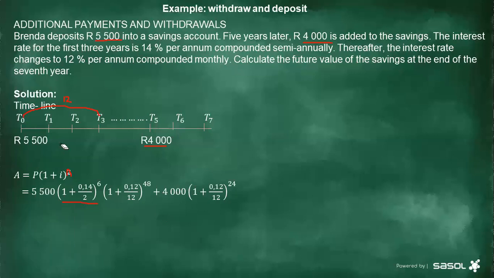It's not 12, but 14% for the first 3 years. Thereafter, the interest rate changes to 12%, meaning this 12% is for the remaining years.